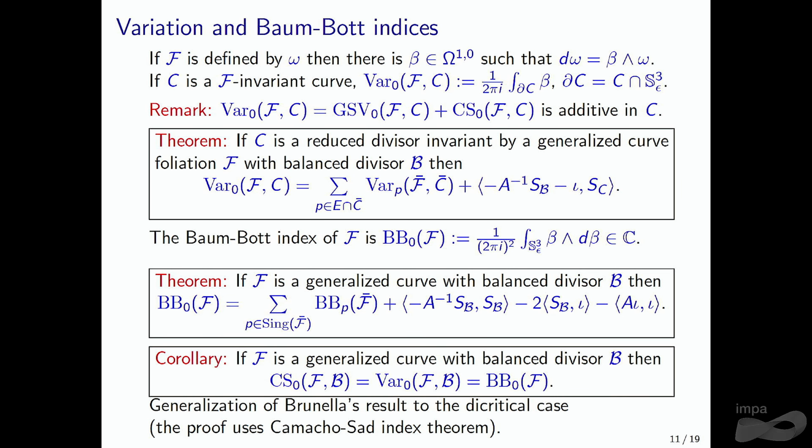This is a generalization of Brunella's results to the dicritical case. He proved it for non-dicritical generalized curves, and at that time the balanced divisor was not introduced yet, but he considered the sum of all the separatrices. And the proof of this corollary uses the Camacho-Sad index theorem.